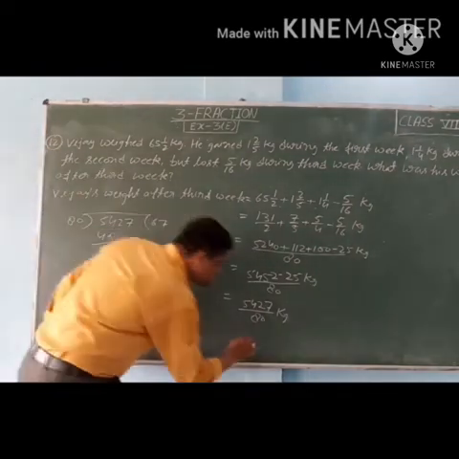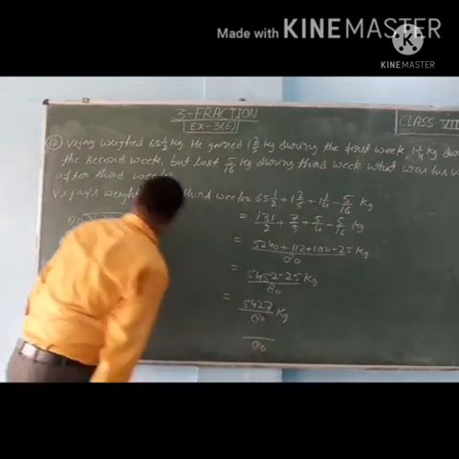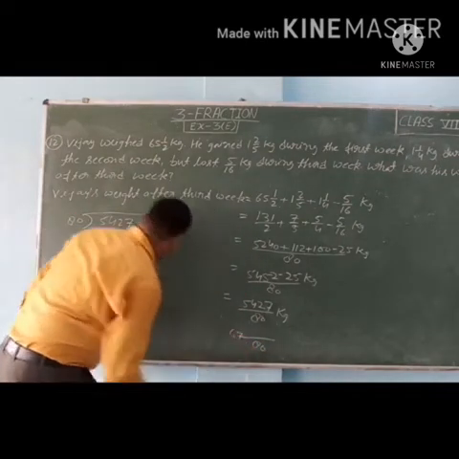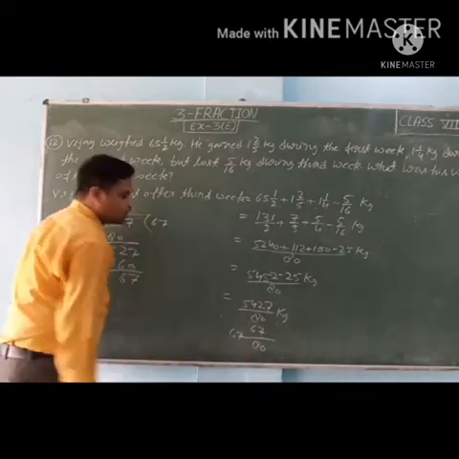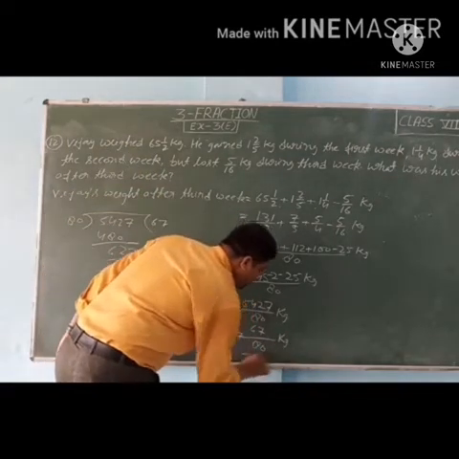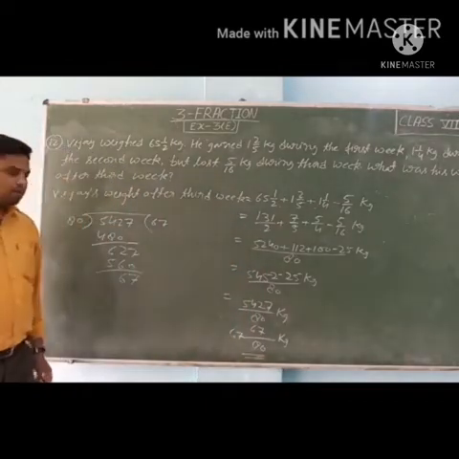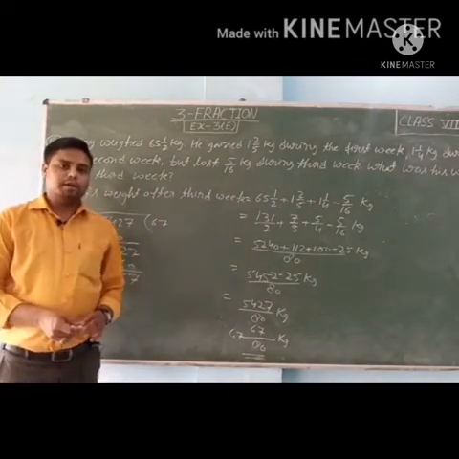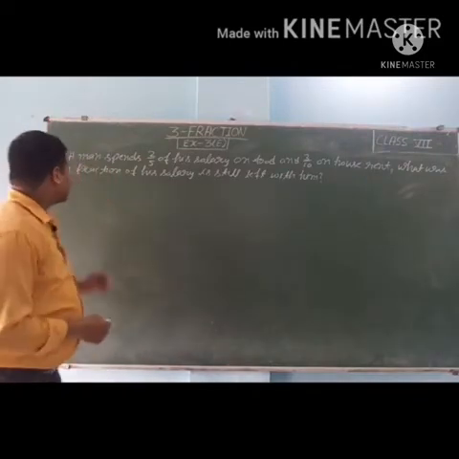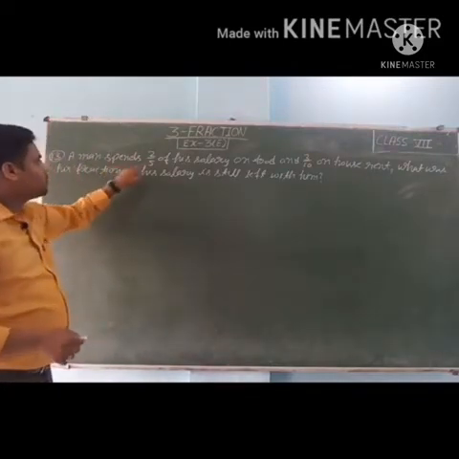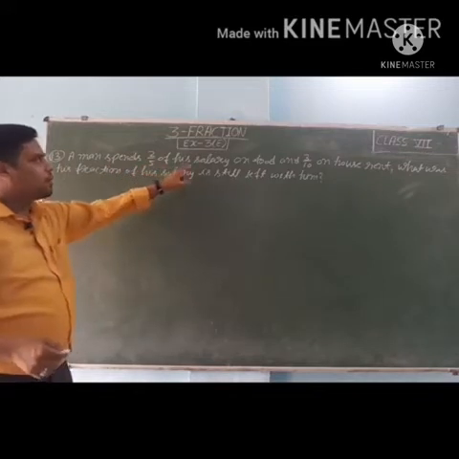So here 80, here 67 and here also 67 kg. So the answer is 67 upon 80 kg.